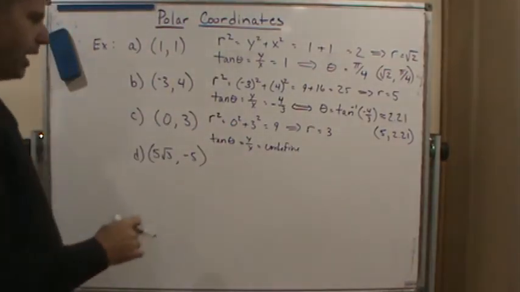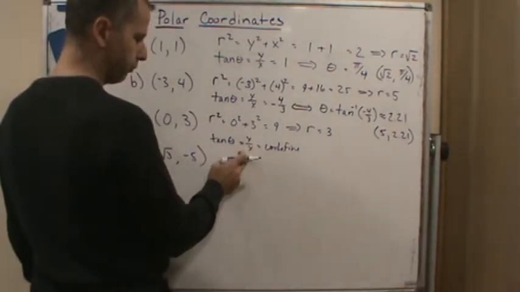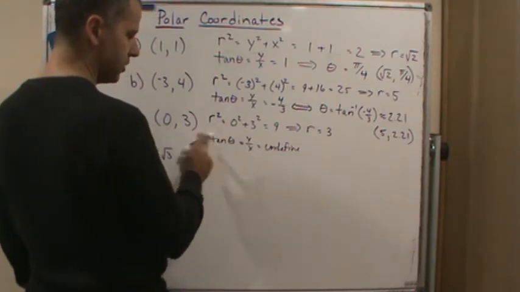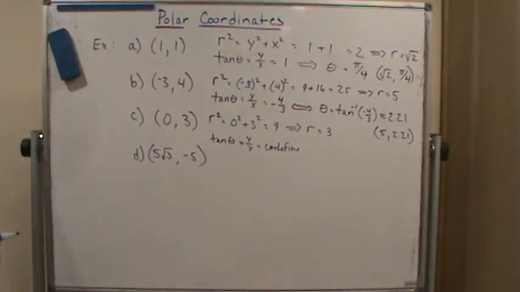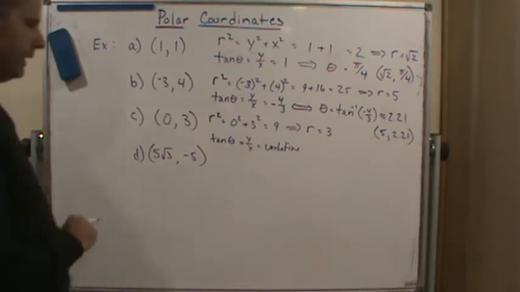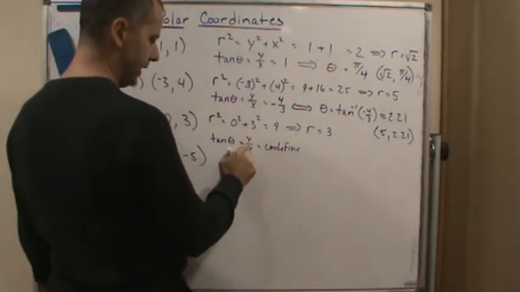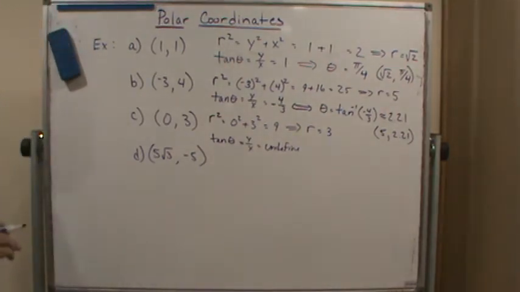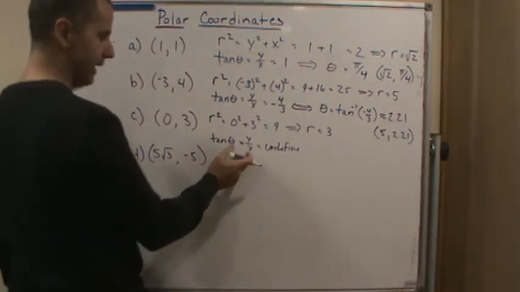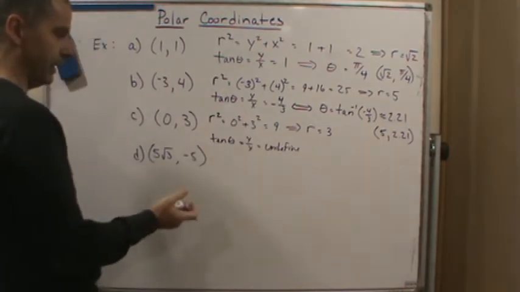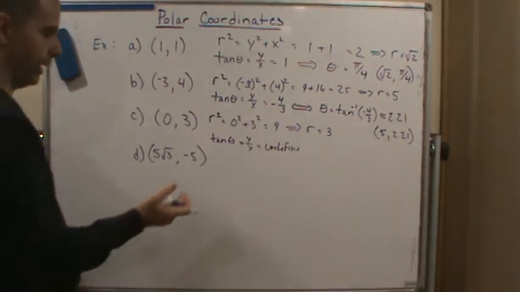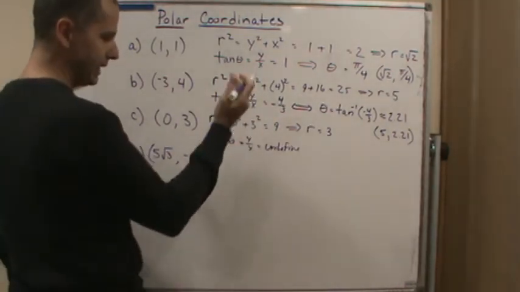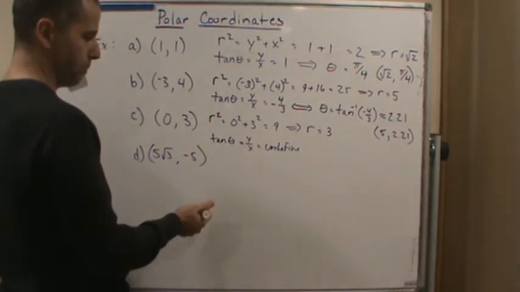So the tangent of what angle gives us where it's going off to infinity? The tangent is going off to infinity where we get x in the denominator. Well, that's going to be when x is 0. What happens when x is 0? What angle? It's 90 degrees, right?